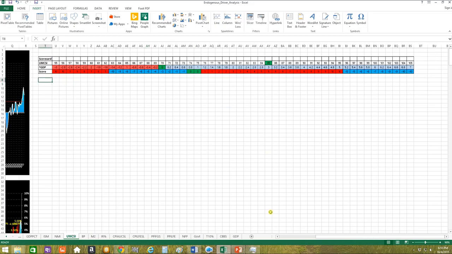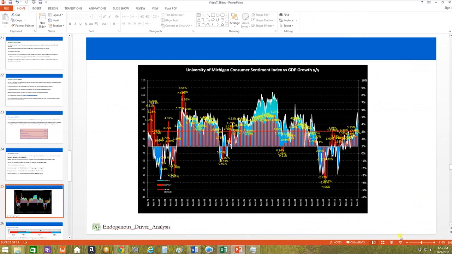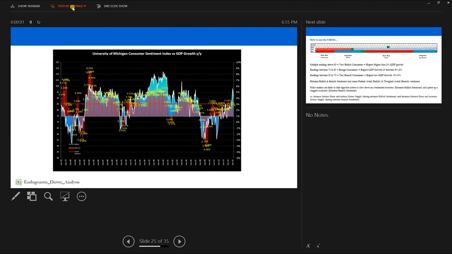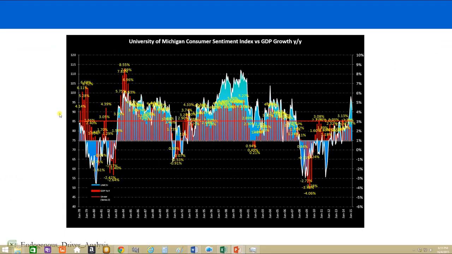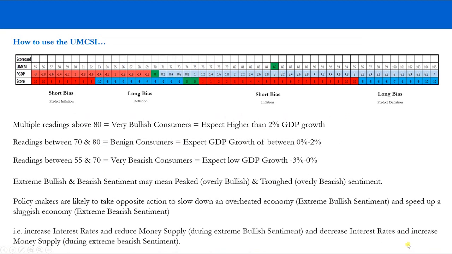Now, if we go back to the presentation, we have a full explanation of how the scorecard is scored. And from our analysis earlier, we discovered that multiple readings above 80, we get very bullish consumers. So we expect a higher than 2% GDP growth rate. Readings between 70 and 80, we're expecting benign consumers because we get GDP growth rates in the future of 0 to 2%.